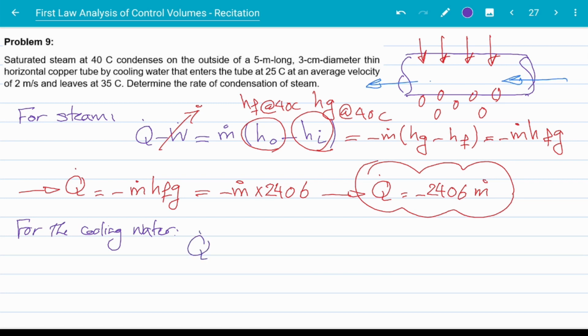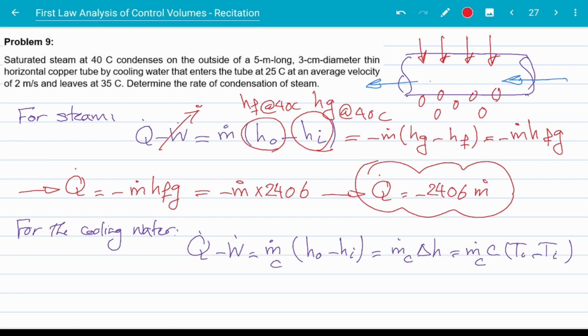It's Q dot minus W dot is equal to m dot of the cooling water, I'm showing it with m dot c, times h_o minus h_i for the cooling water, or m dot c delta h. From the previous problem, we know that we can approximate the delta h of the liquid water as c times T_o minus T_i. Okay, so let's do that.